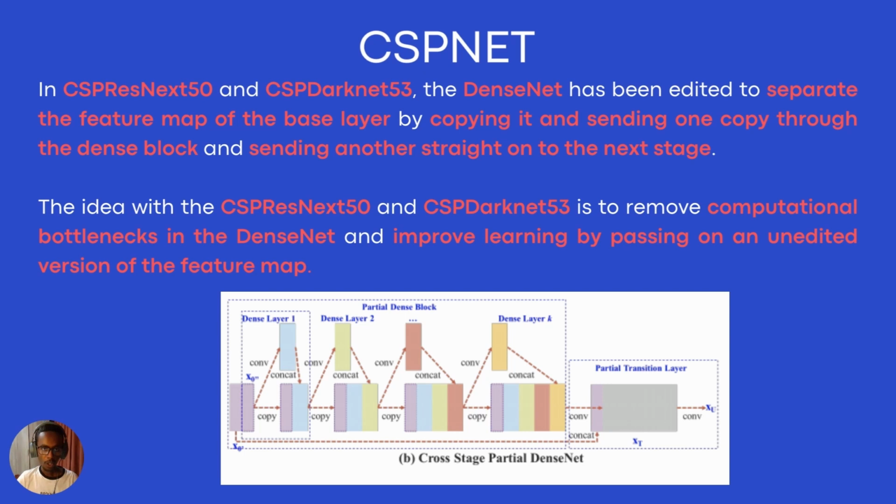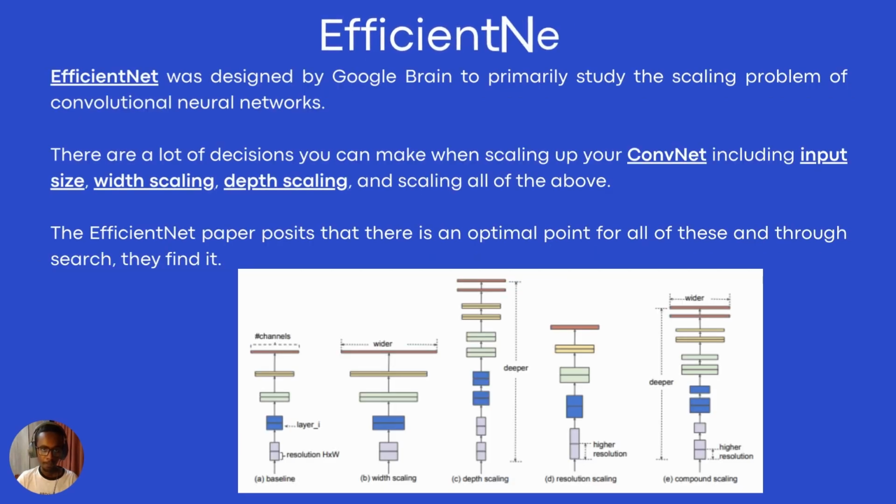So when we introduce the concept of CSPNet onto the normal ResNext 50 and Darknet 53, we just call them the CSP ResNext 50 and CSP Darknet 53. And as you remember, we used the Darknet 53 as a backbone for the YOLOv4 network.